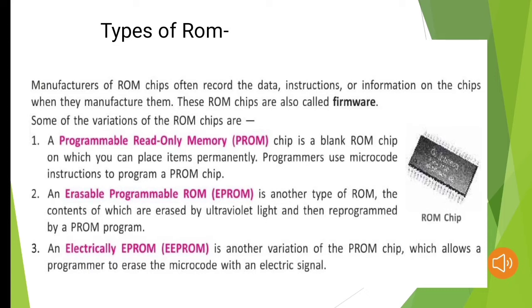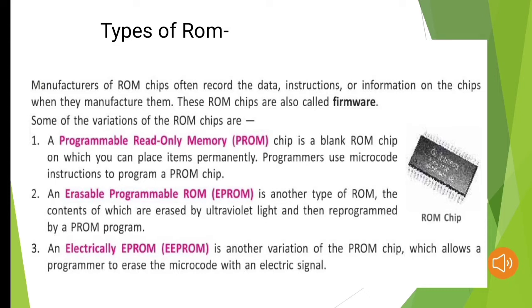PROM, programmable read-only memory. PROM is a blank chip on which microcode instructions are written by using special equipment. PROM chips can be programmed once and are used as control devices by the manufacturer. EPROM, erasable programmable ROM.